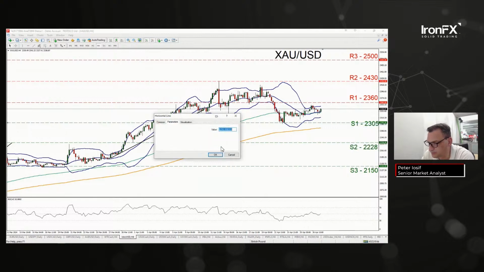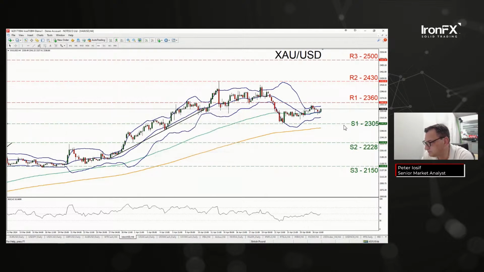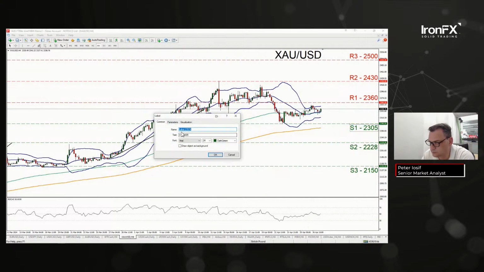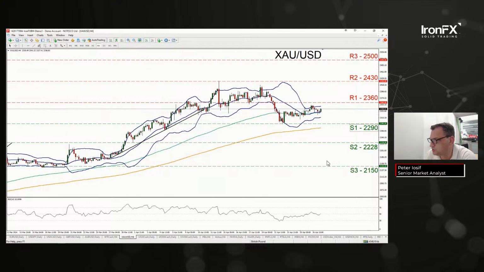Let me correct that. So once again, we're setting the corridor a little bit wider, practically $70 wide.